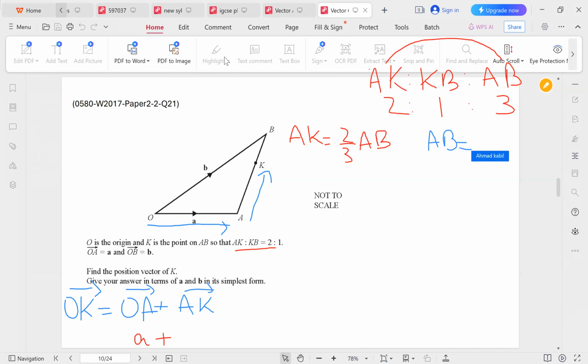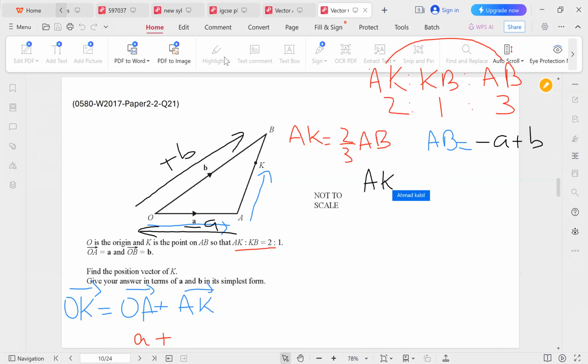In order to get AB, we move from A to B, but not in the straight direction, in the other direction. So we move AO and then OB. So this would be negative A, and this would be positive B. So AB is negative A plus B, and therefore AK would be 2 over 3 times AB, which is negative 2 over 3A plus 2 over 3B.